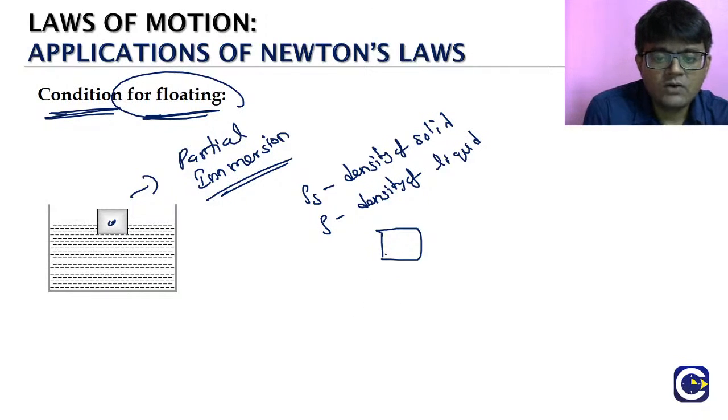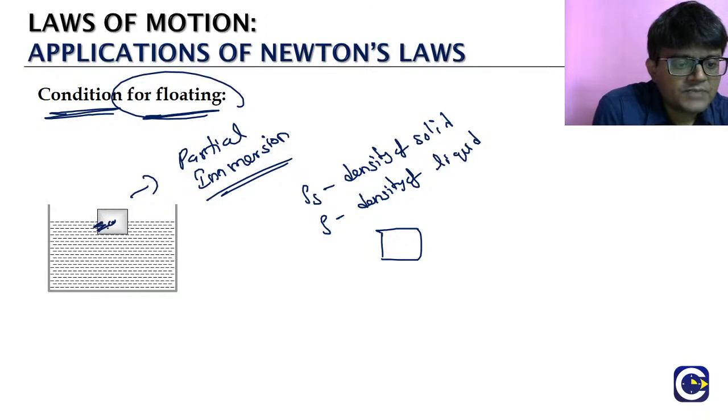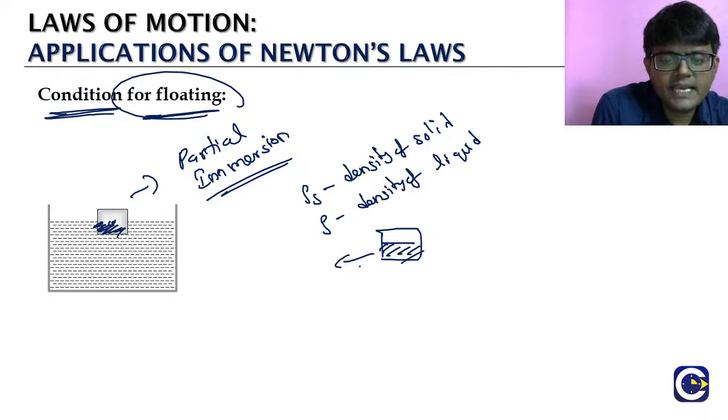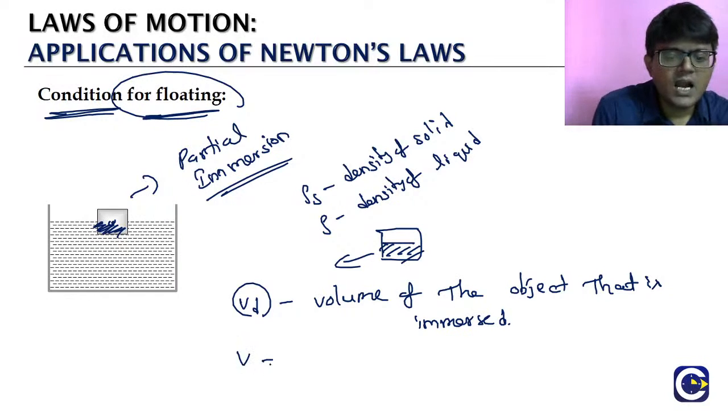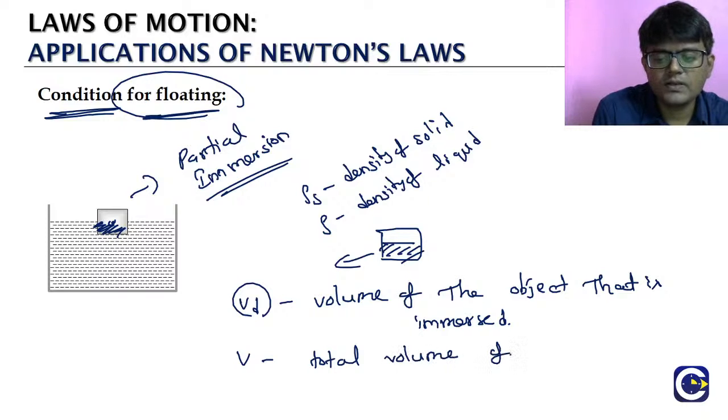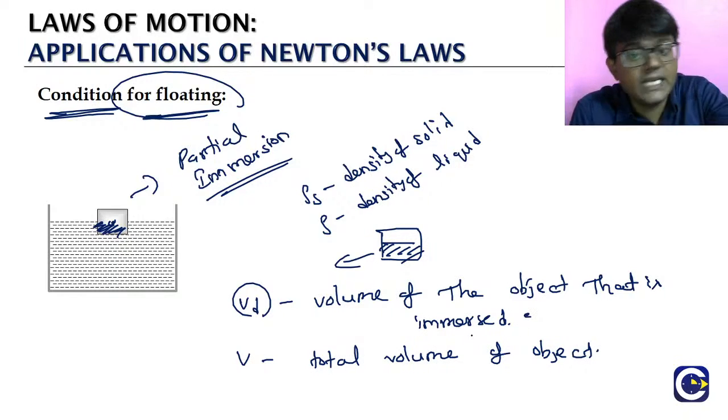Now if we assume that it is partial immersion, let us say Vd is the volume of the object that is immersed, and V is the total volume of the object. So the volume of the object immersed is also the volume of the liquid displaced.